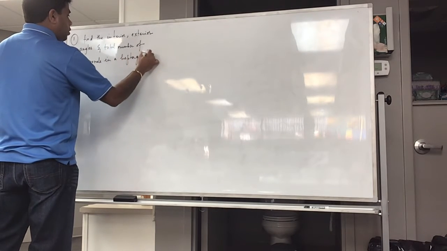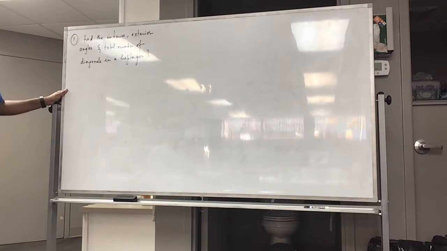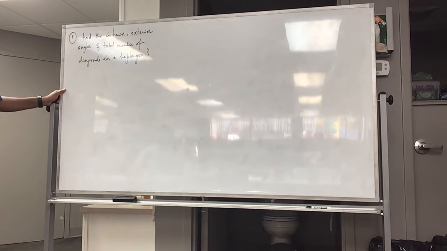And you're supposed to know these terms too. So heptagon is how many sides? Come on. 7. What's 4? Quadrilateral. 5, pentagon. 6, hexagon. 7, heptagon. 8, octagon.